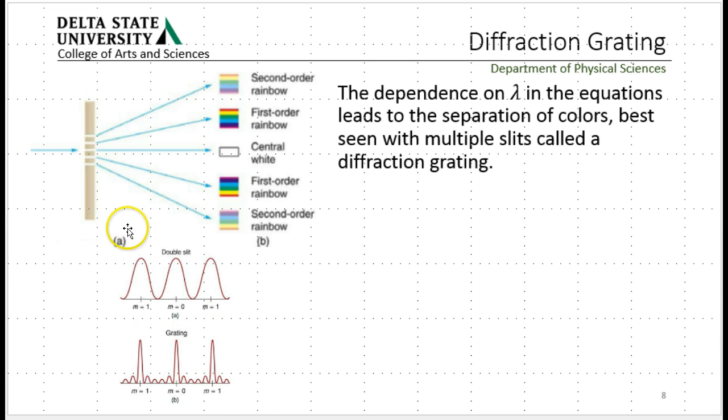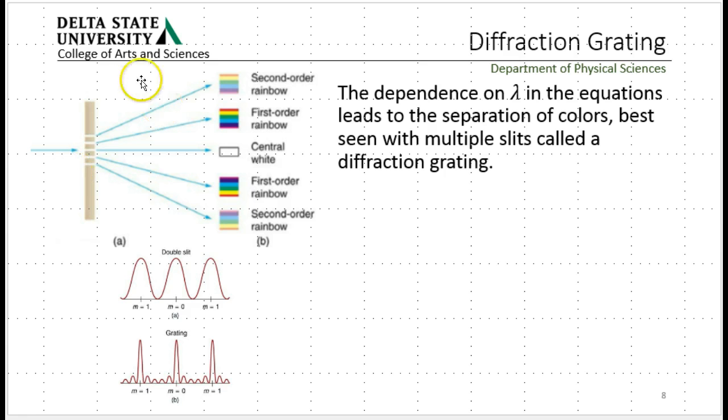And because it narrows, red ends up here, and yellow ends up here, and blue ends up there. Because it narrows, you can actually begin to resolve the differences in where the different colors go. You can begin to pull apart the colors that are in the light coming through here.